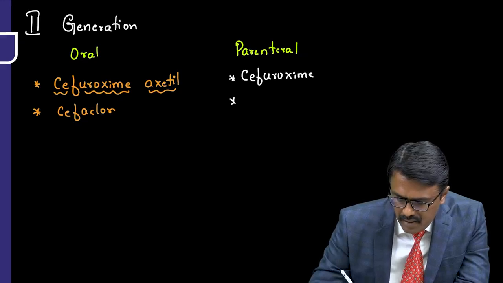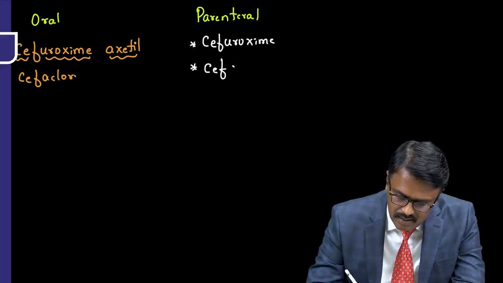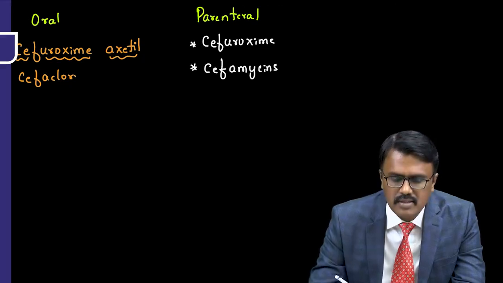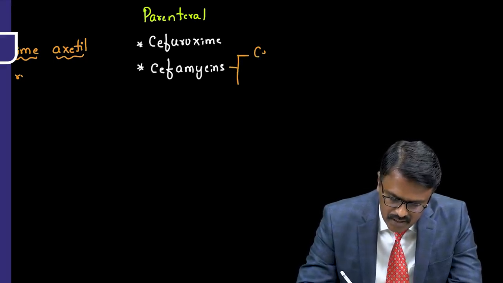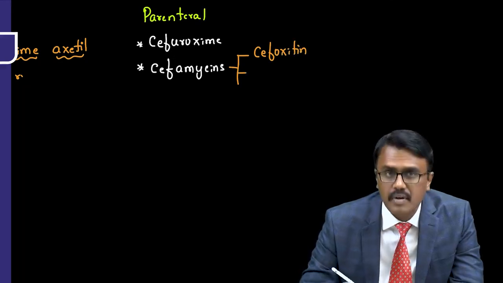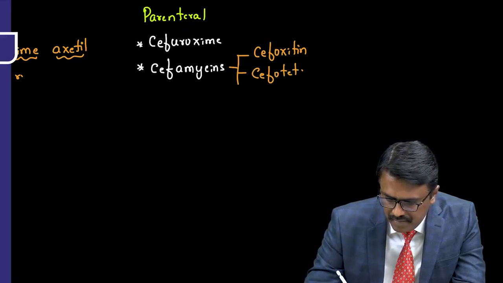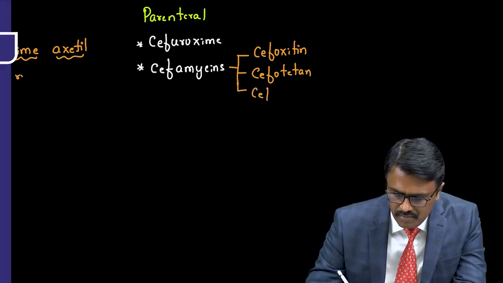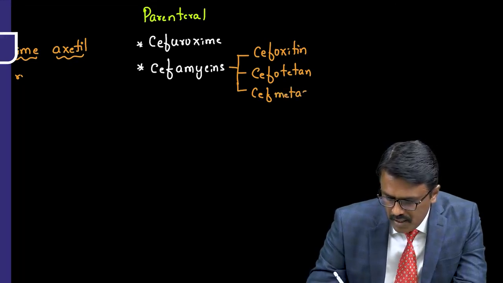Then we have certain drugs called cephamycins. What are the drugs in cephamycin? We have cefoxitin, cefotetan, and cefmetazole.